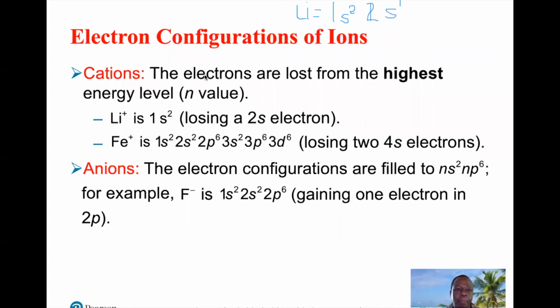But for lithium cation, positive, we are less by 1 electron, and therefore this one will go, and therefore you see this is the electron configuration for the lithium cation. I'll do the same thing for any cation given on the periodic table. If it is sodium, then you write the electron configuration minus 1.